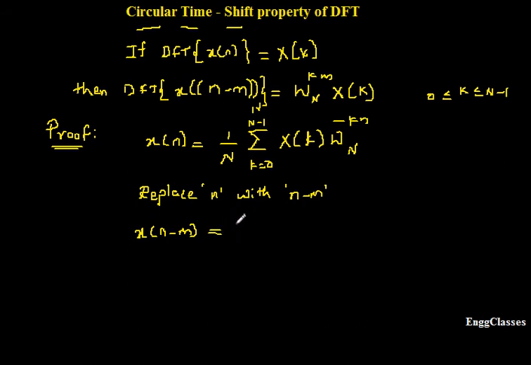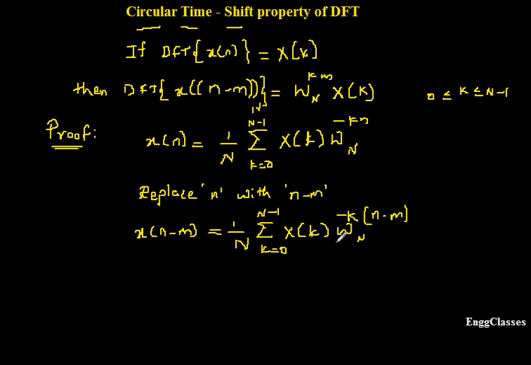So I'm replacing every small n with n minus m. So this becomes 1 divided by N, summation k equal to 0 to N minus 1, X of k, now W_N to the power minus k, and where I had n, that is being replaced with n minus m.